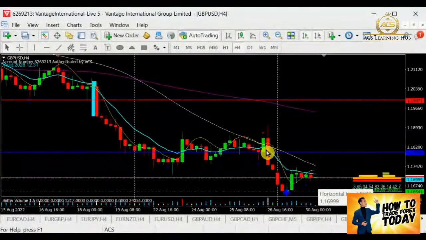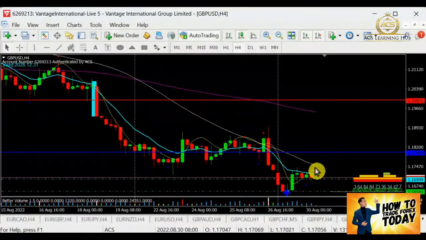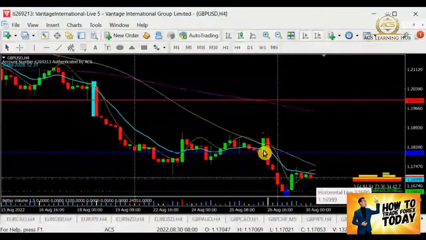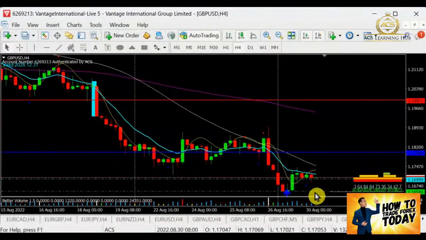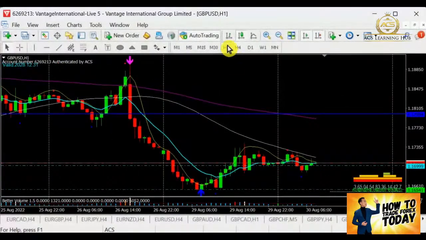So it seems like the price is consolidating over here. So there may also be a chance that it will start to slide down and then start to sell. So there is this possibility, just take note. It may hover around here. So just hang on first before we take action. I'm going to put pound dollar into my watch list as well.